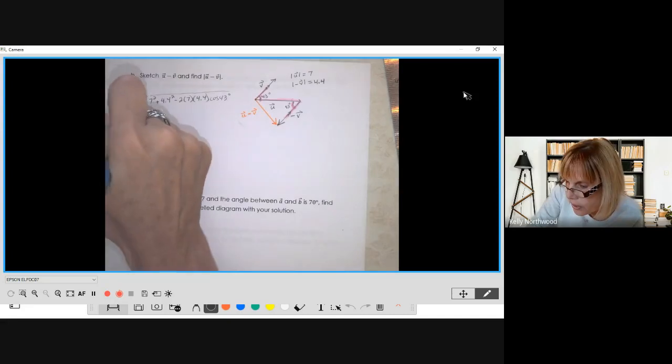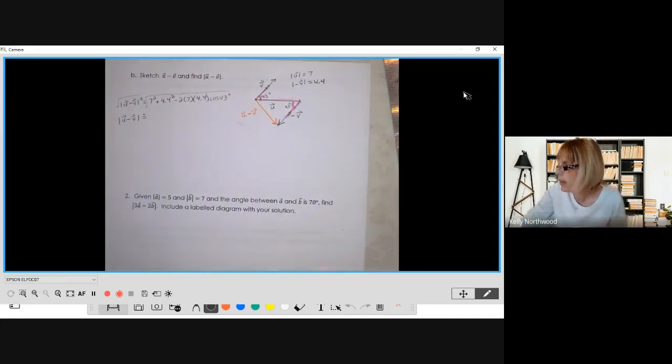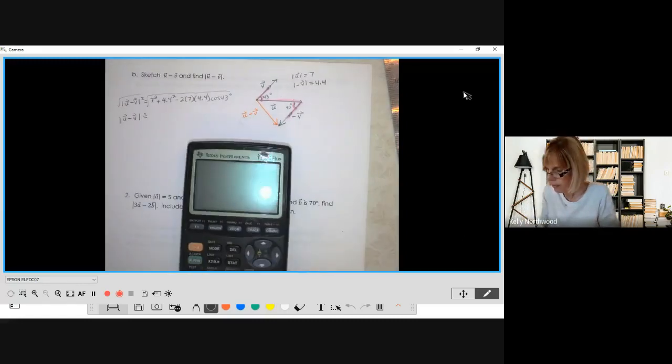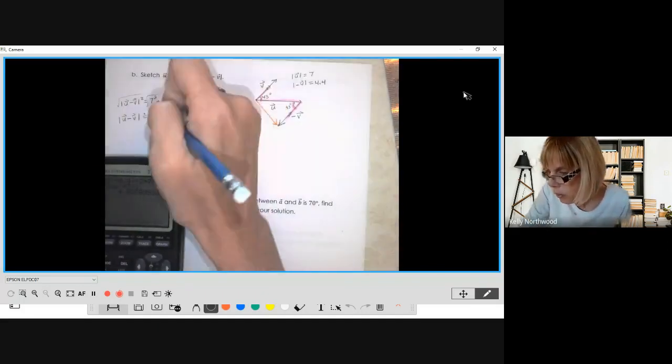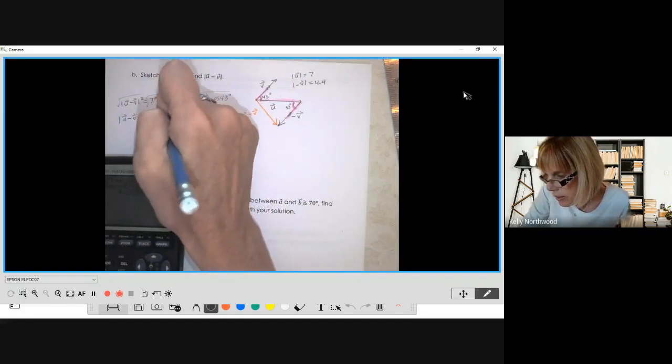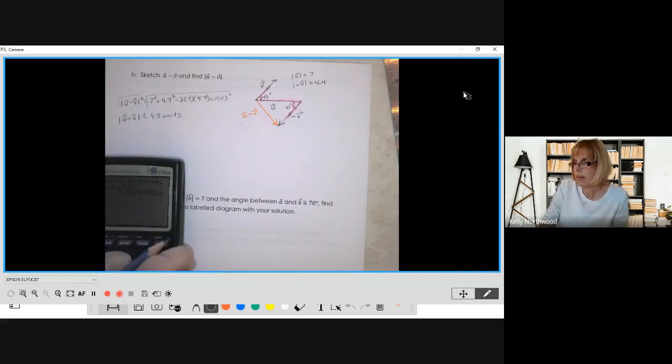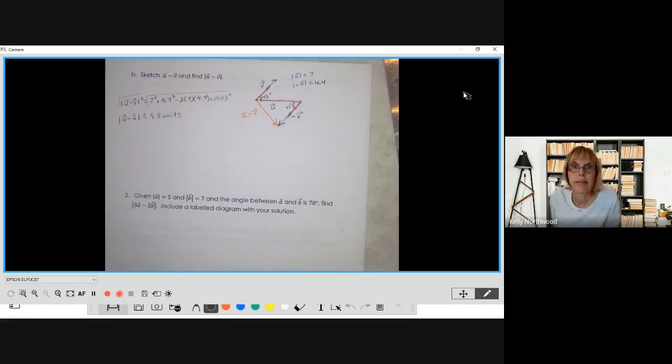So the magnitude of vector u minus v is approximately the square root of 7 squared plus 4.4 squared minus 2 times 7 times 4.4 times the cos of 43 degrees. So you get approximately 4.8 units. So that's how you subtract vectors. Add the opposite direction.